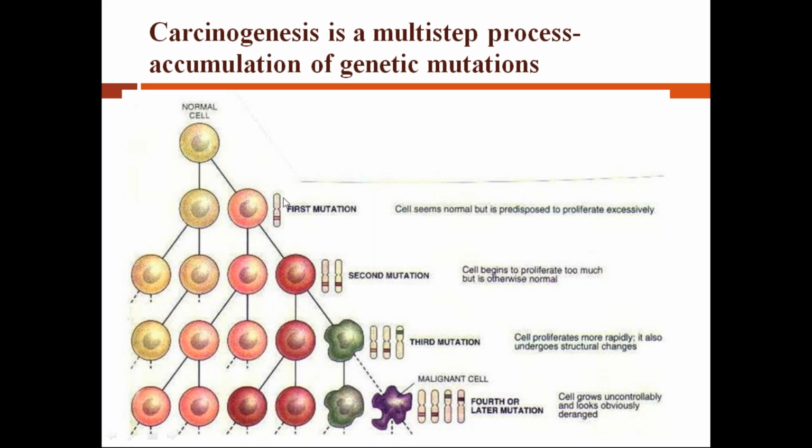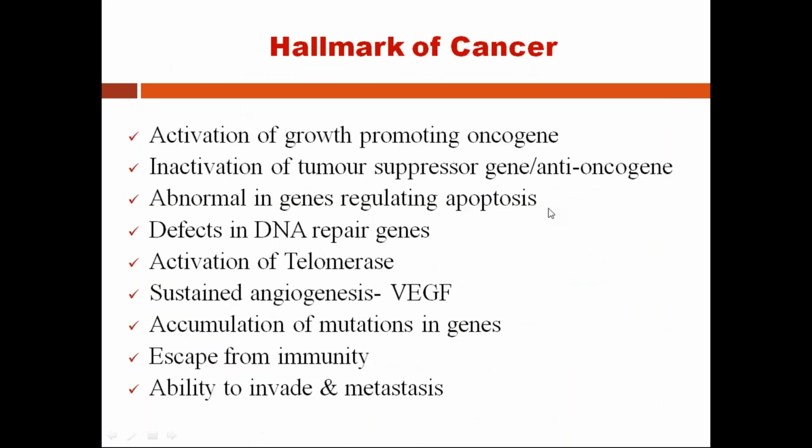Only when the cell accumulates a sufficient amount of genetic mutation does it turn into a malignant cell. So it's a multi-step process. This is the hallmark of cancer, which I have explained.